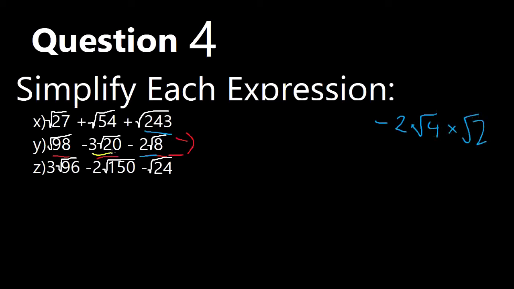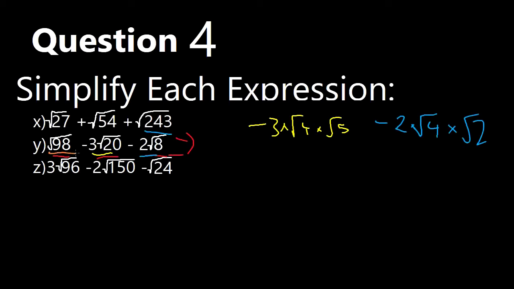Now, if I go on to this minus 3 root 20, I know that also has a root 4 in it, because root 4 times root 5 equals root 20. So minus 3 lots of that.